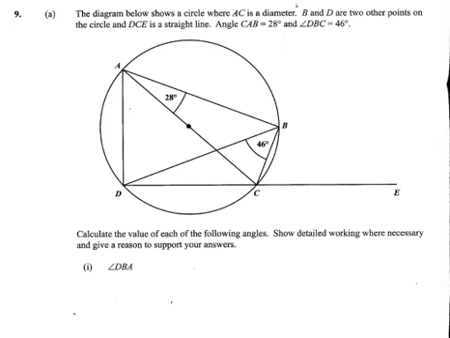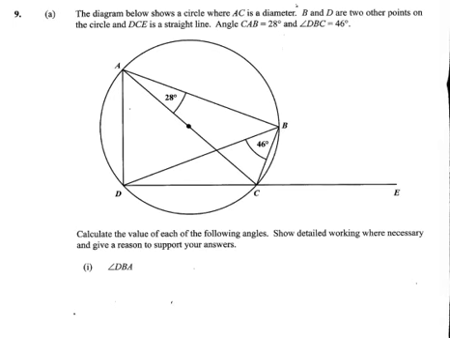Okay, this is June 2019, question 9a, and it says, the diagram below shows a circle where AC is a diameter, B and D are two other points on the circle, and DCE is a straight line.